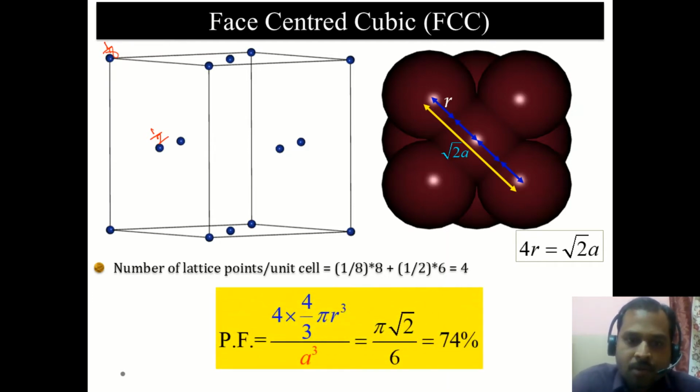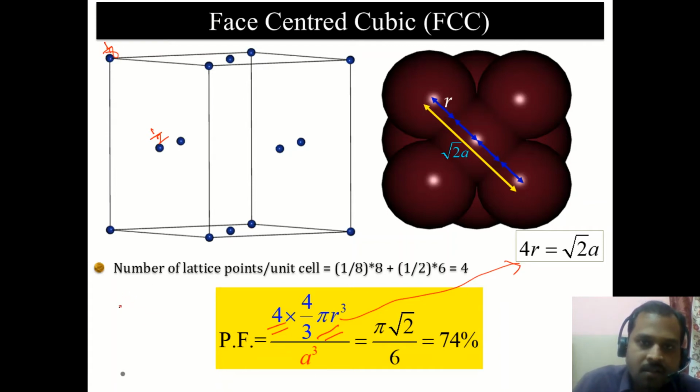So we can find out the packing fraction. This 4 is because the number of lattice points per unit cell is 4, multiplied by the volume of each atom. So this is the total volume occupied inside the unit cell by the atoms, and we know the volume of the unit cell is a cube. So it will be pi into root 2 by 6 after replacing r using this relation, and it comes out to be around 74%.